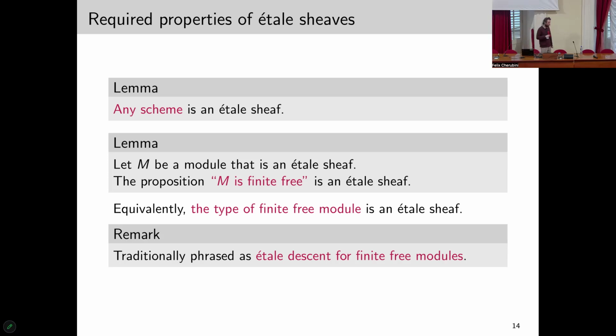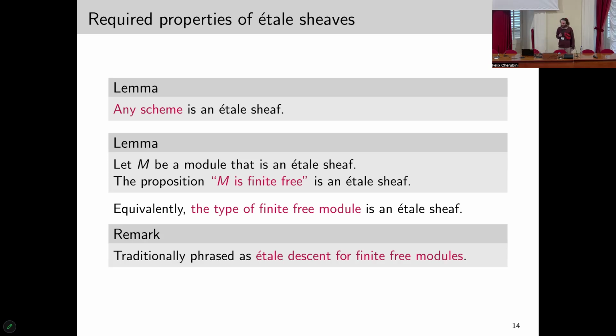So that's perhaps a bit surprising, that a proposition is an étale sheaf. One equivalent way to phrase this, which is maybe a bit clearer, is that the type of finite free modules, so not a finite free module individually, but the type of all of them, is itself an étale sheaf. So that's an example of one type that is an étale sheaf, right? And in traditional algebraic geometry, people call those objects stacks.